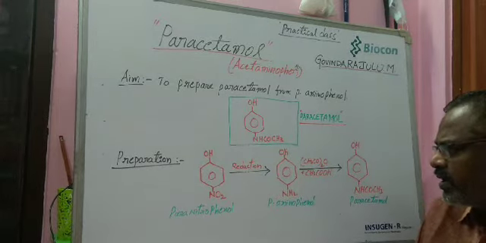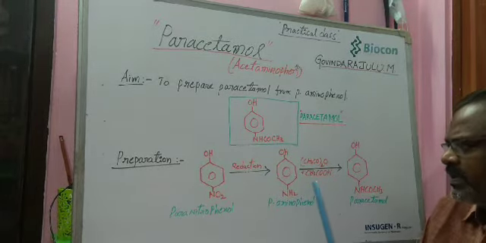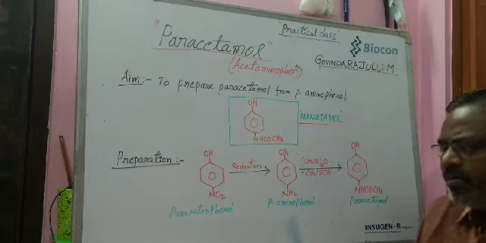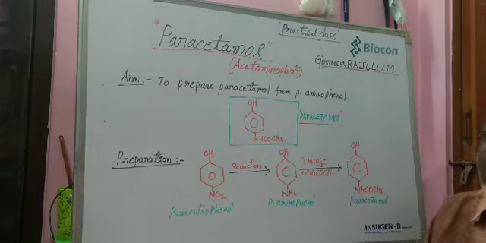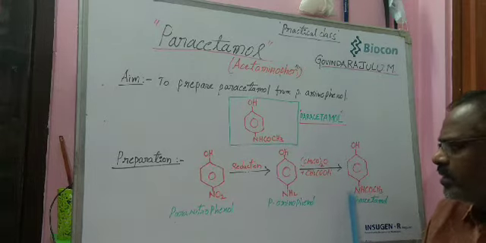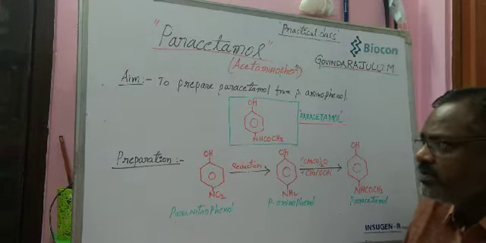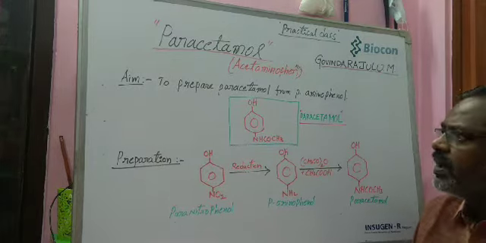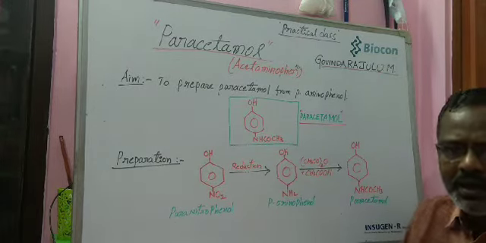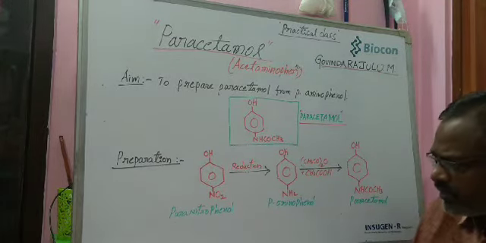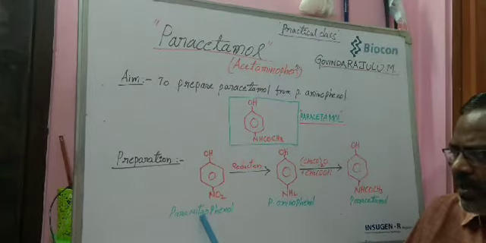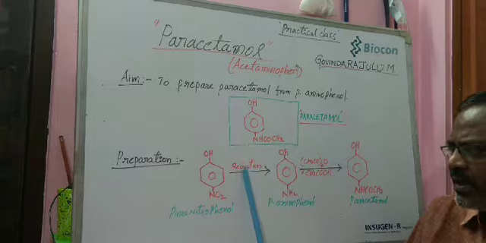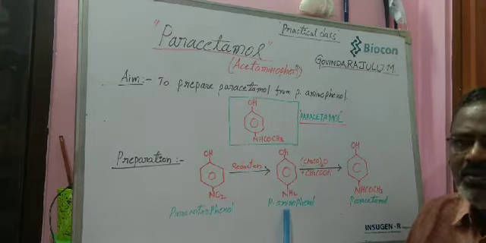The reaction takes place between acetic anhydride and para-aminophenol, and it finally gives the paracetamol compound. In this way we prepare paracetamol in laboratory conditions. The main reaction is: para-nitrophenol under reduction gives para-aminophenol.